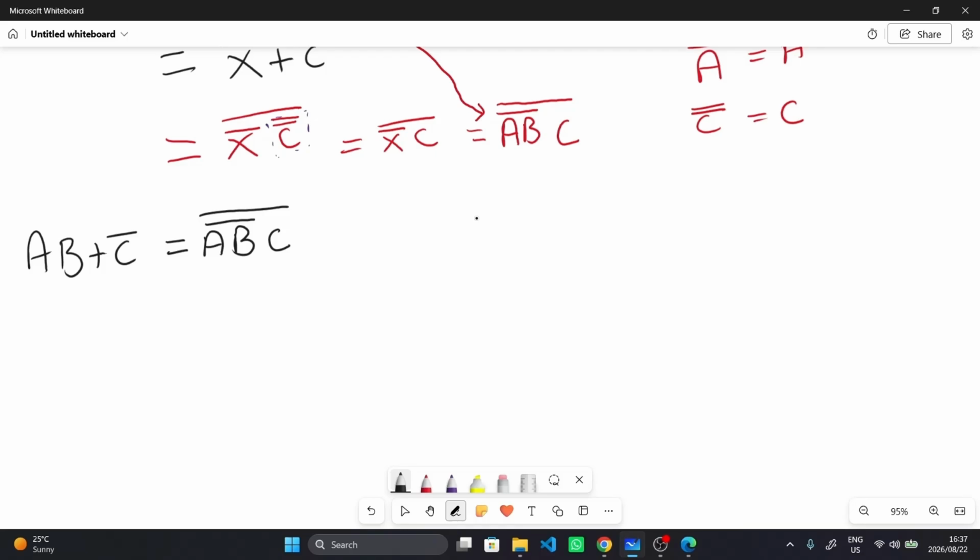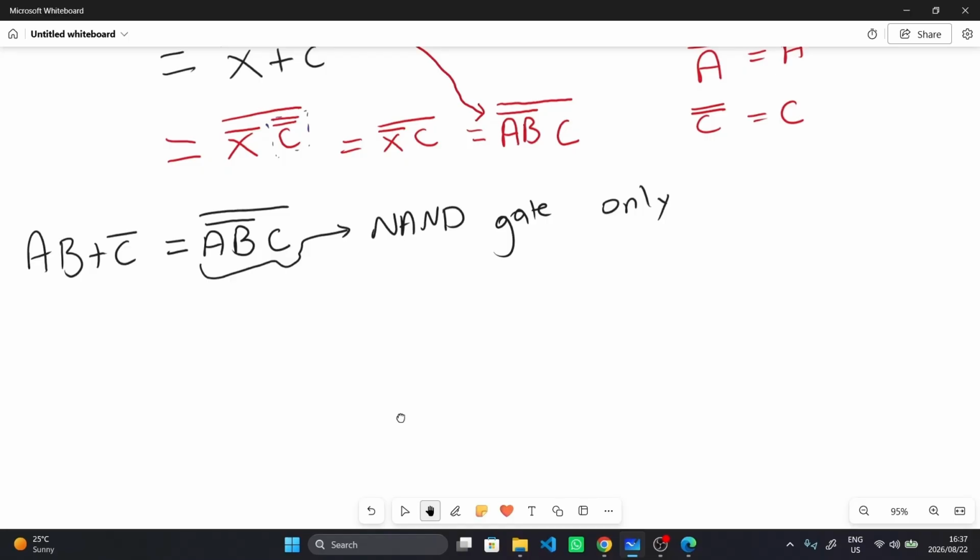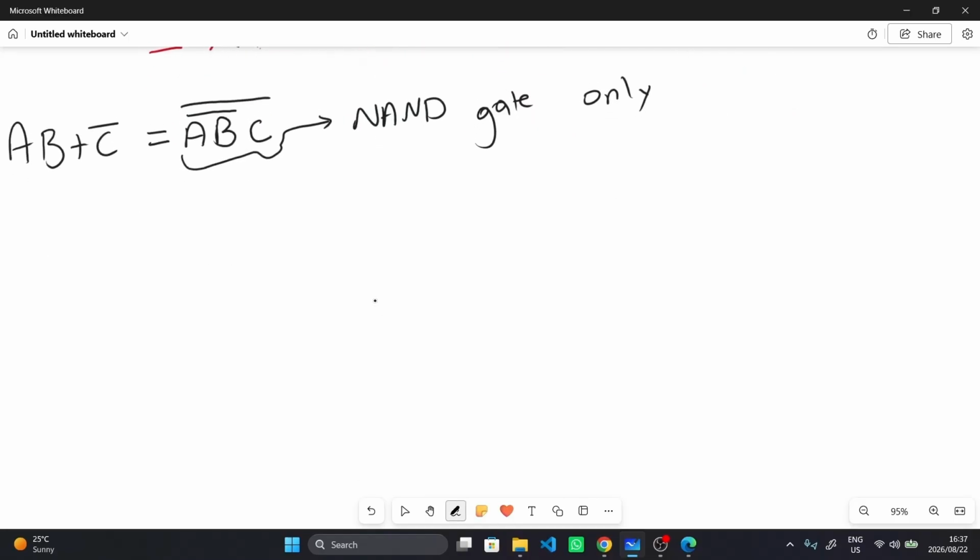So now this is NAND gate only, right? And then if we draw its logic diagram using NAND gate only, so we know we have a big NAND gate, so that will be something like this.